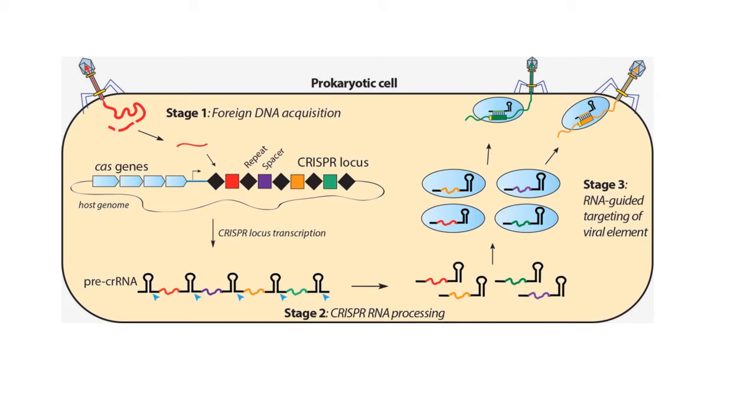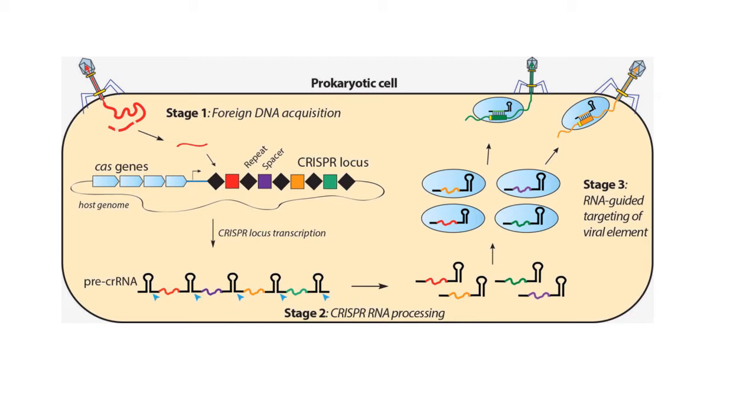So CRISPR is transcribed, processed to form these small pieces, which consist of the RNA which will serve as a guide, but also a standard part of the RNA, which will bind to the Cas9 protein and allows cleavage of the corresponding DNA. The different colors are different sequences of DNA specific to previously known invaders that we can now use to protect ourselves.